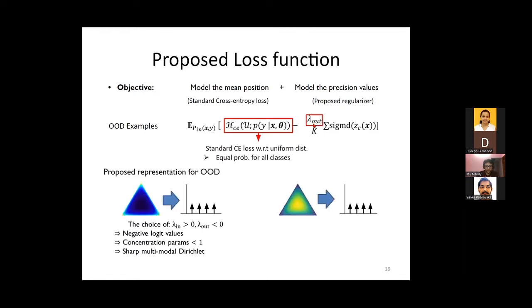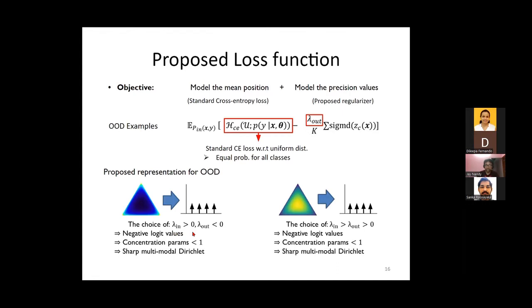Now, if we choose lambda out to be less than lambda in, but greater than 0, then we are going to create a flat representation. But if we choose lambda in which is positive and large, and lambda out to be negative, then it forces the neural network to produce negative logit values for out of domain examples.